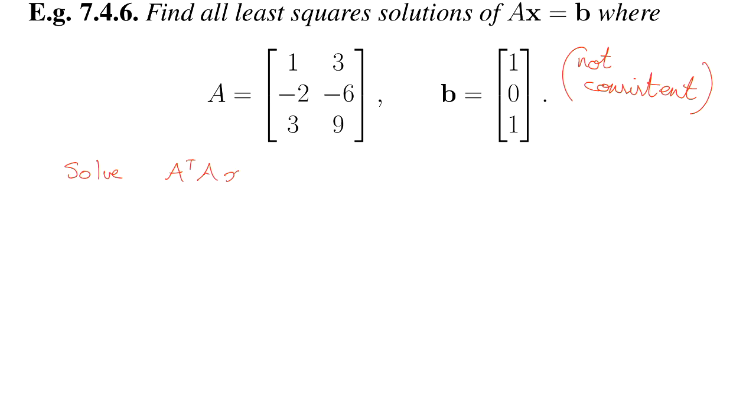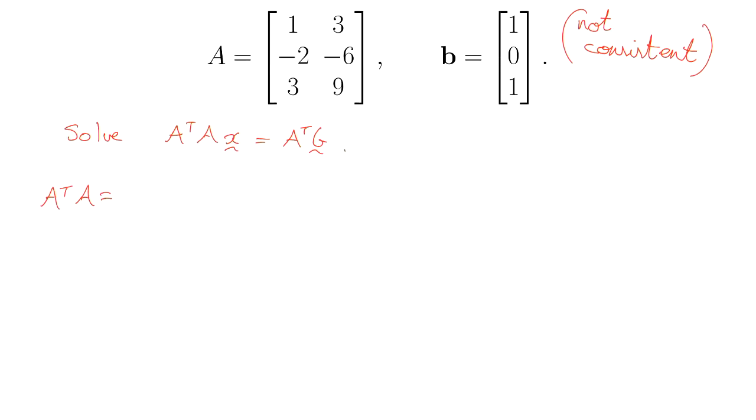We want to solve A transpose A, X equals A transpose B. So we need to find A transpose A. If you crunch this out, you observe that. And A transpose B, you get 14, 12.